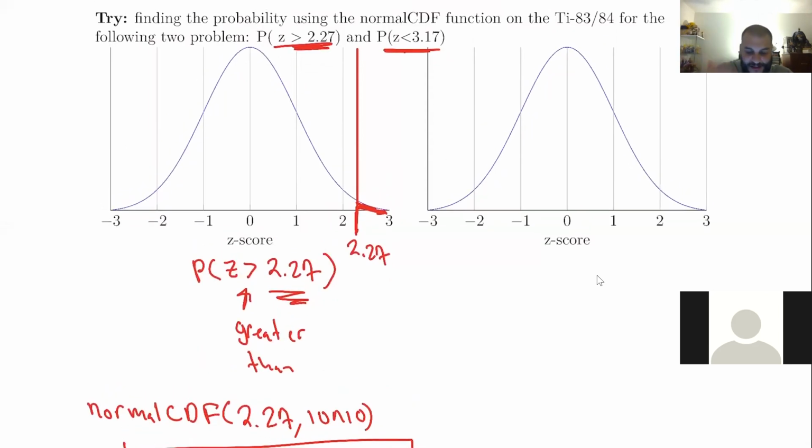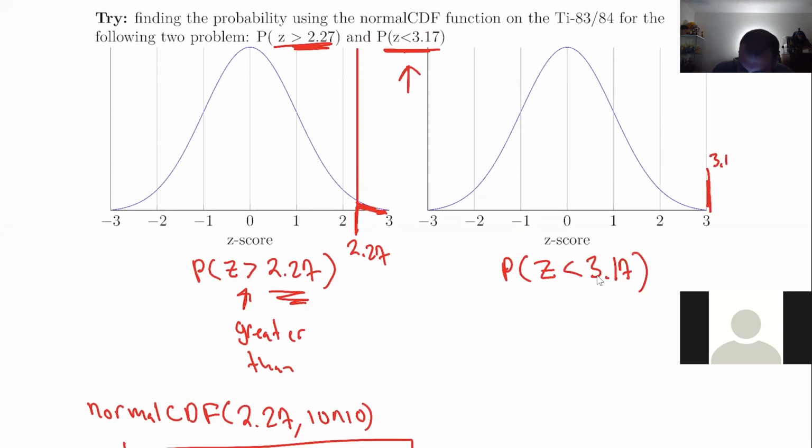So for this next one, we're going to find the probability that Z is less than 3.17. 3.17 is somewhere over here.